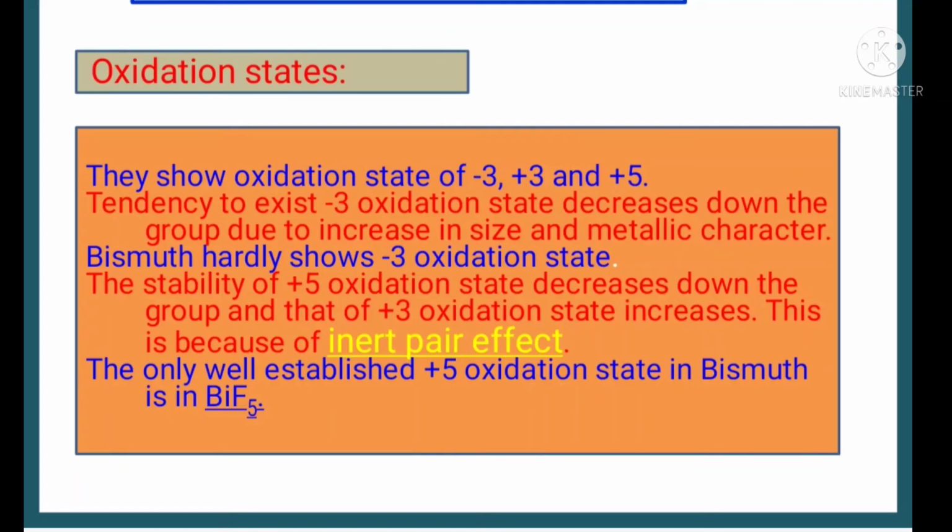The +5 oxidation state is achieved only by covalent bonding, because a pentavalent ion does not exist. Nitrogen shows a number of oxidation states from -3 to +5 in its hydrides, oxides and oxoacids.